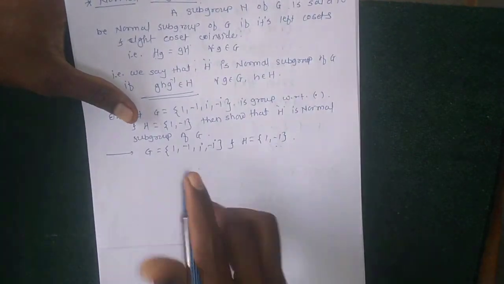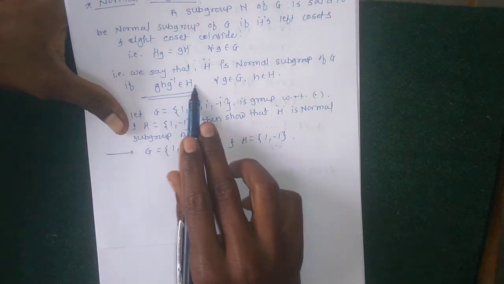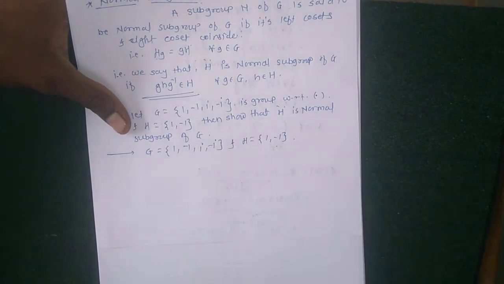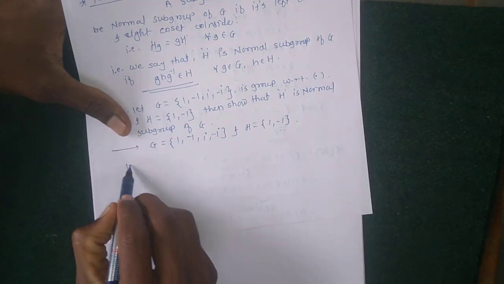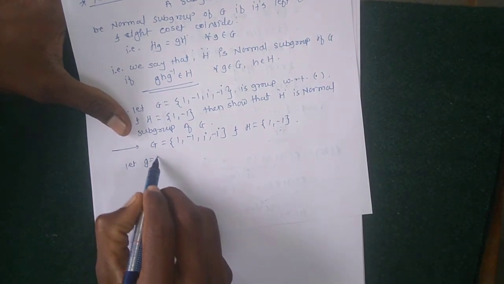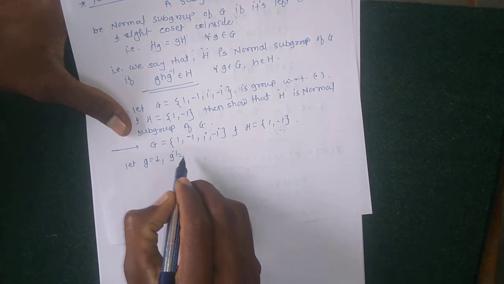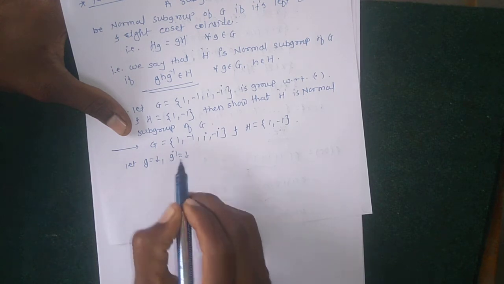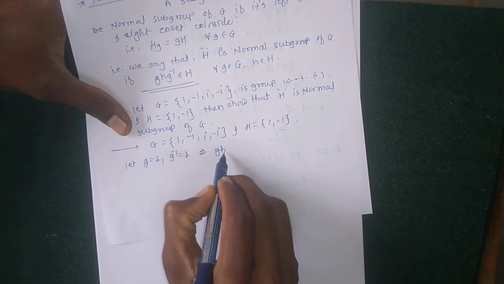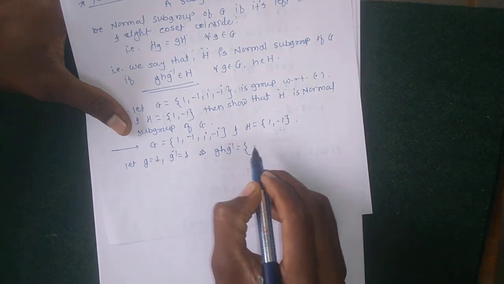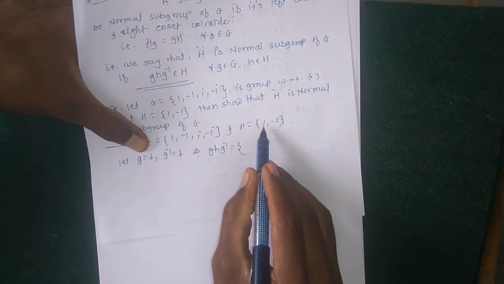We only need to show that choosing any g in this form and multiplying, g h g inverse belongs to H. So let g equal to 1, then the inverse of g is also 1, which implies g h g inverse equal to 1 times h times 1.